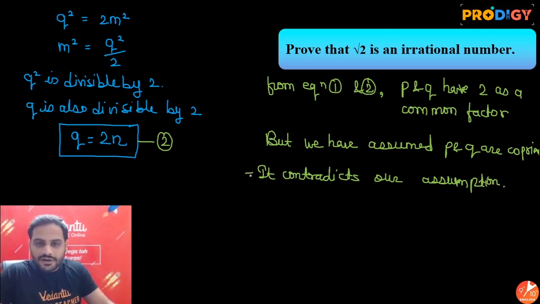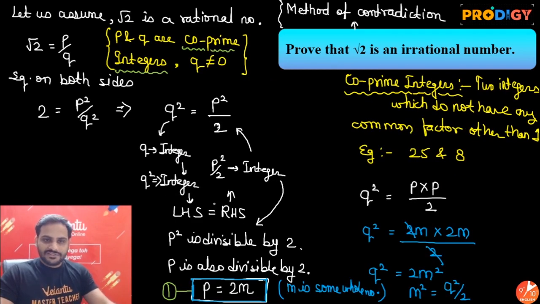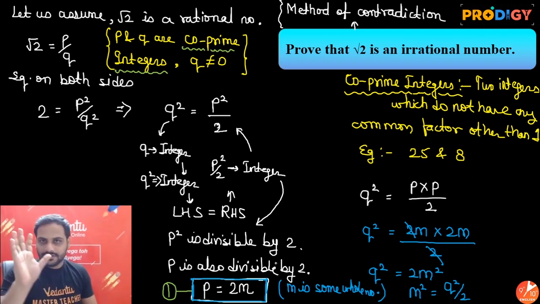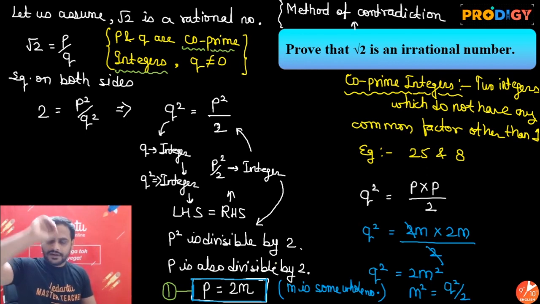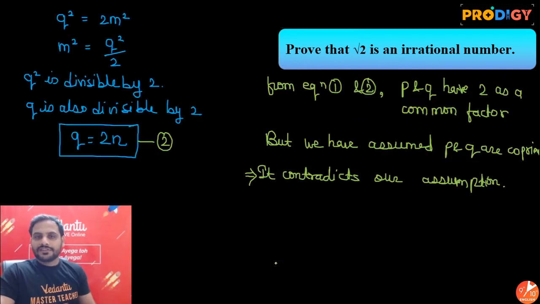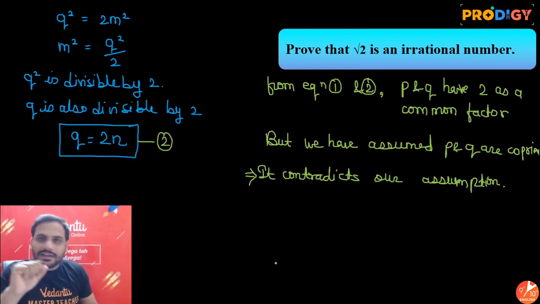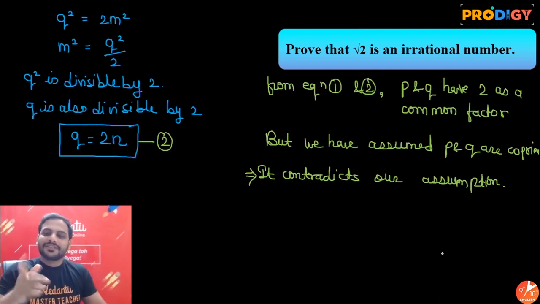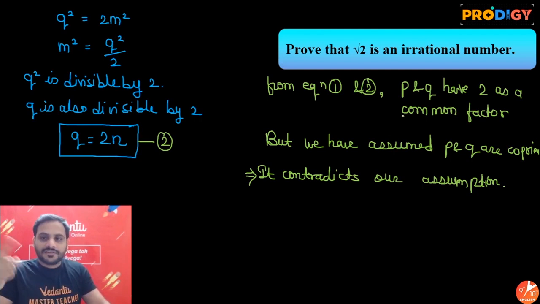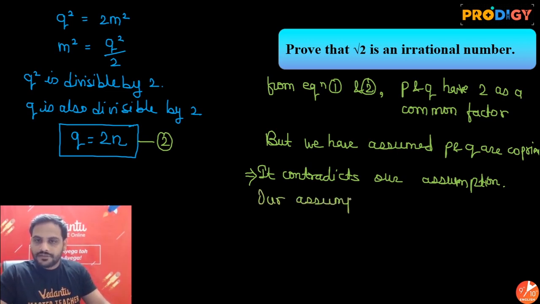So if it is contradicting our assumption, now see, beta, my calculations which I am showing you over here are definitely correct. Maths cannot lie. This is 100% sure that my calculations are correct. So where can be the chance of mistake? Obviously in the assumption. Since this result contradicts our assumption, we can say our assumption is wrong.